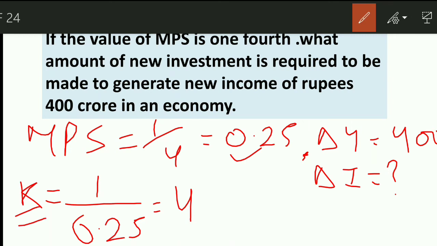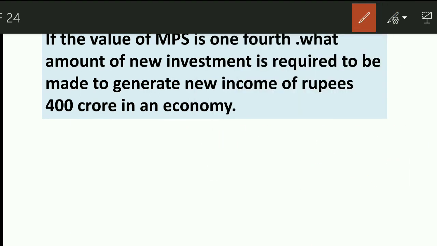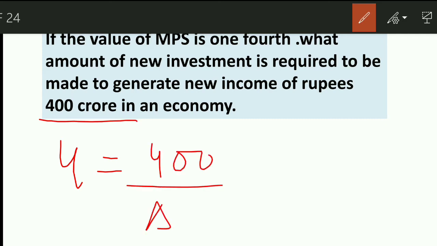So the value of multiplier is 4, and multiplier is also equal to delta y upon delta I. All right, so you know now that the value of multiplier is 4. So 4 will be equal to delta y, which is given over here as 400 crore, upon delta I, which you have to find.